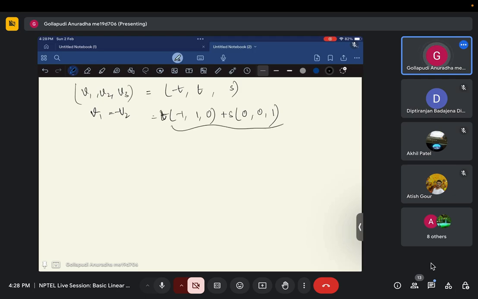So this is the basis. And because we have 2 vectors, the dimension is 2.